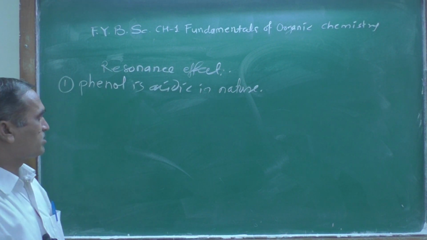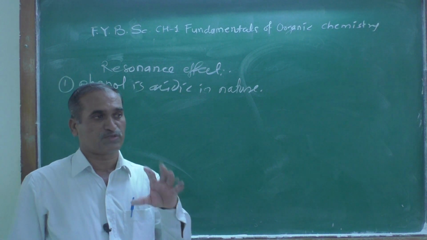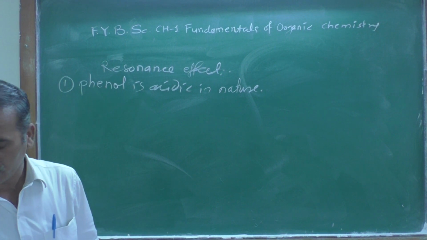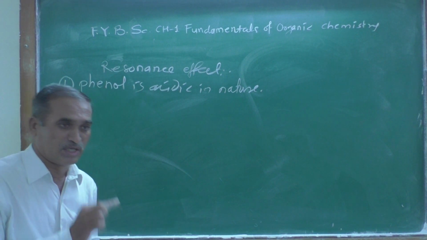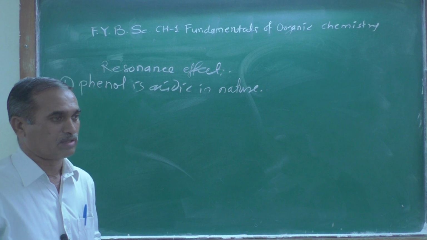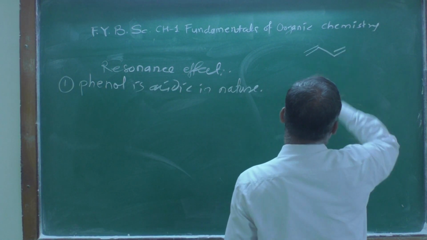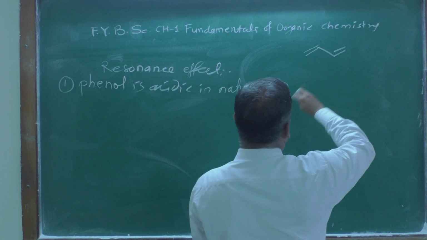Resonance effect is found in conjugated pi bonds, where the conjugation must involve a carbon-carbon double bond. Suppose we have this type of conjugation, a carbon-carbon double bond, then there is a possibility of resonance forms.